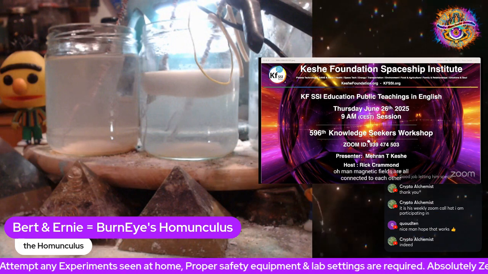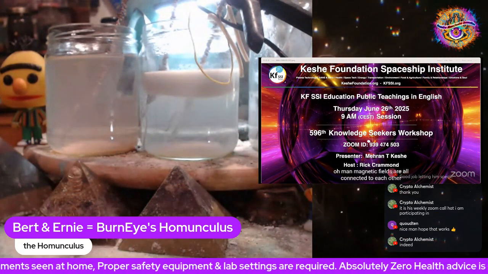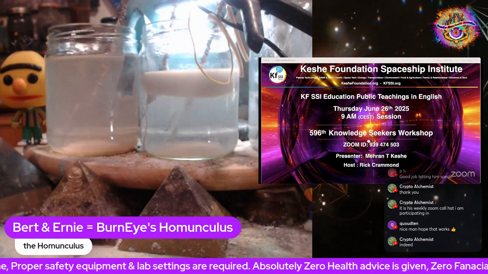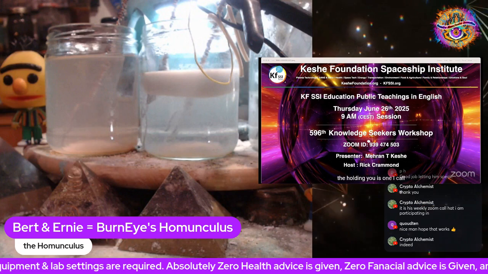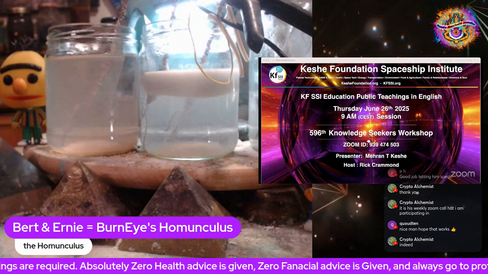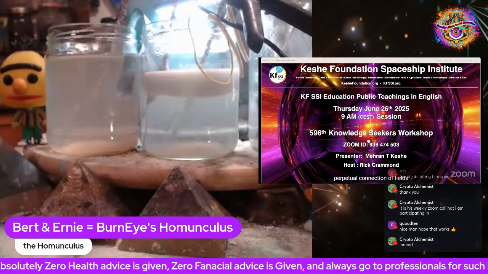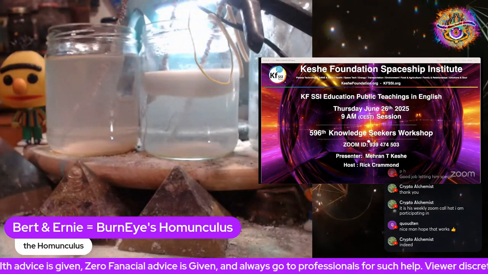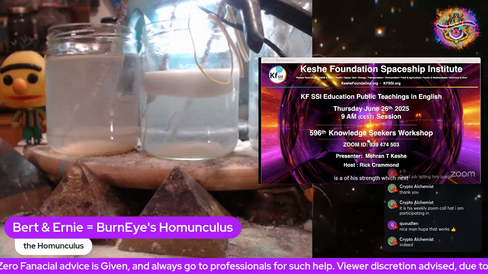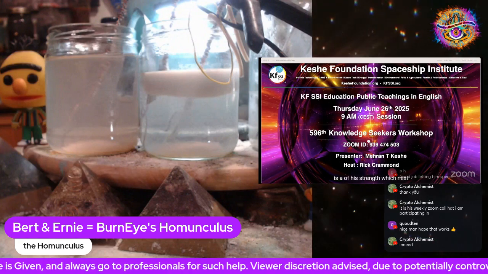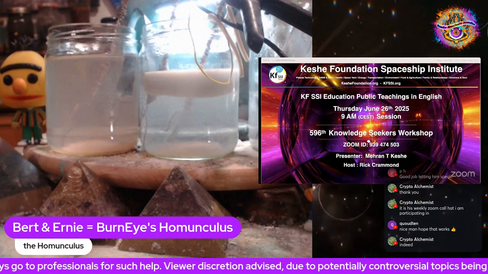Magnetic fields are all connected to each other. Nobody's holding it. It's what I call a perpetual connection of fields. It's a spectrum of strength which connects to what and how and what matter.